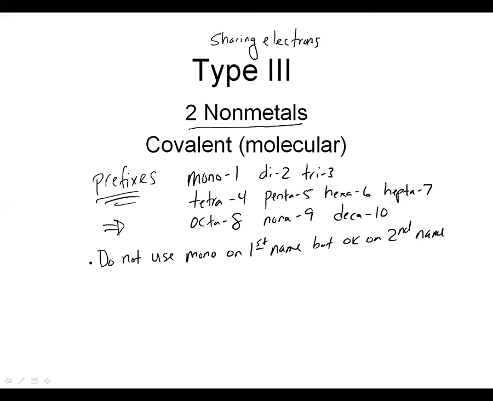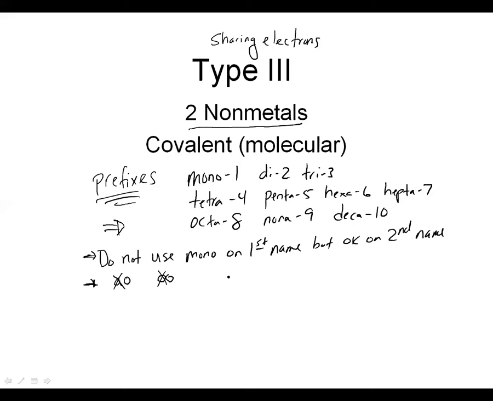And the other thing that usually will occur as we use these prefixes is that with the prefix and the first letter of the element, we will sometimes get a couple of vowels that back up to each other. So perhaps we get two O's, or an A and an O. So it's typical to get rid of the A in the prefix or the O in the prefix.